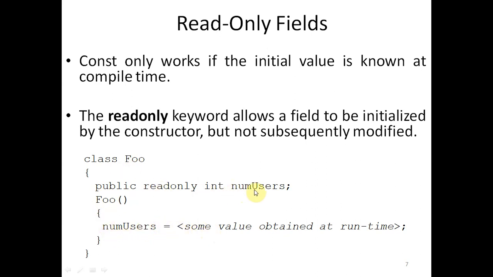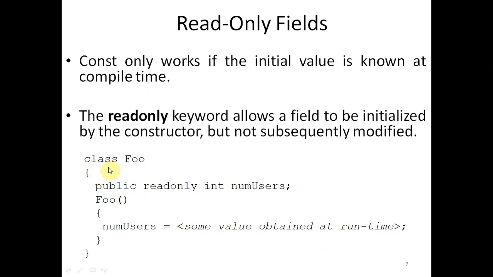So the variable is numUser, it is of integer type and readonly, and we have declared it as a public variable, and we are initializing this variable inside the constructor. So numUser equals the value we provide, it will be initialized by that value.